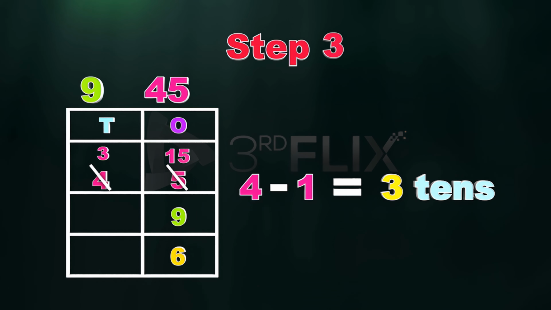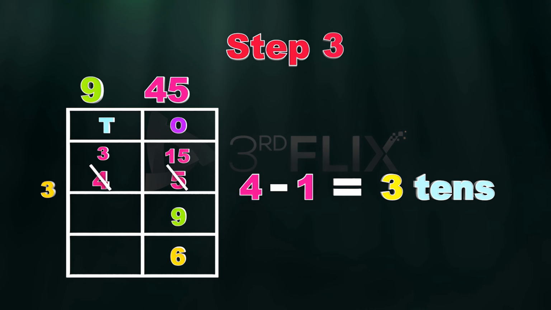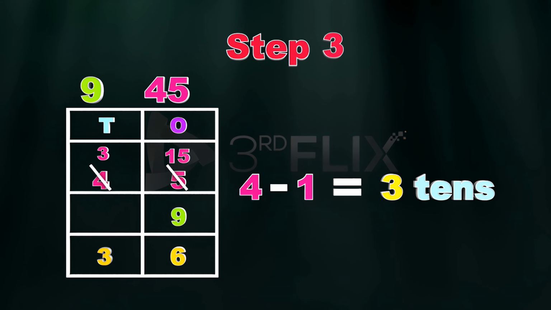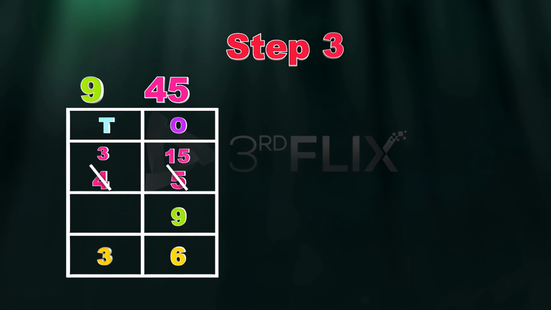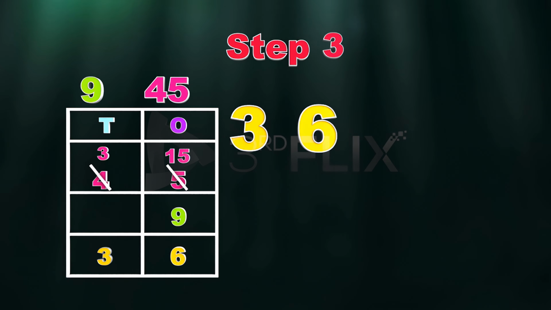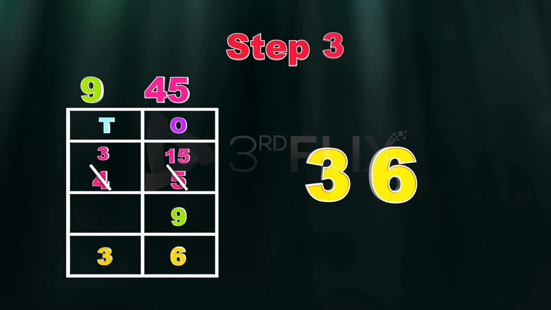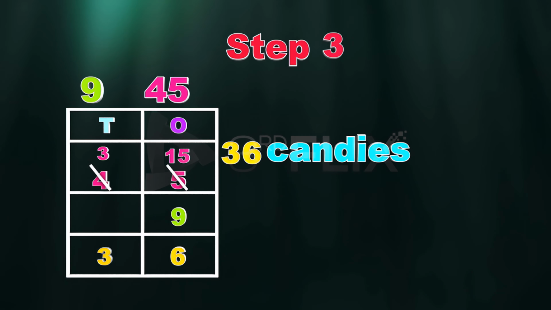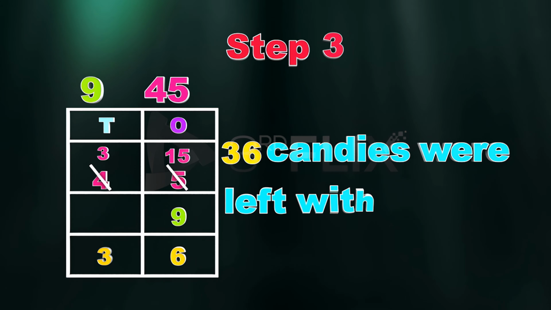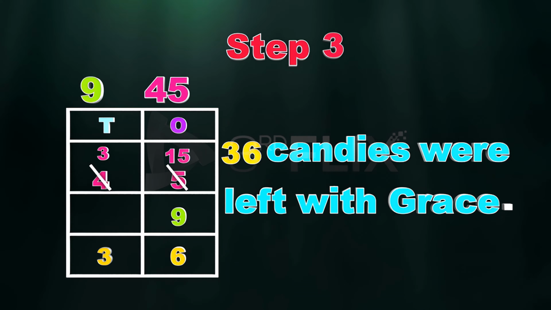Bring down 3 in the tens column. Thus, the difference is 36. Therefore, 36 candies were left with Grace.